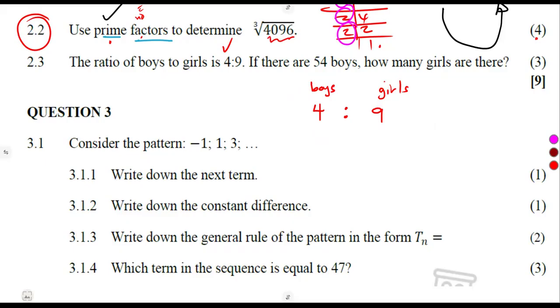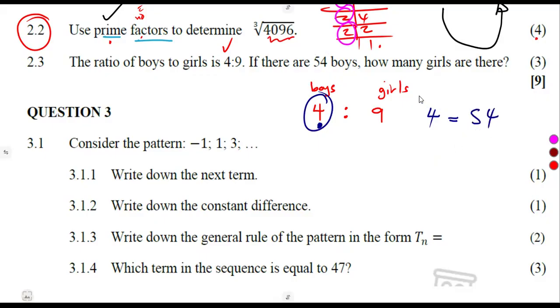So it's just like a proportion. According to the ratio, boys, they are 4. But numerically, the way that we are given, they are not 4. They are 54 boys.